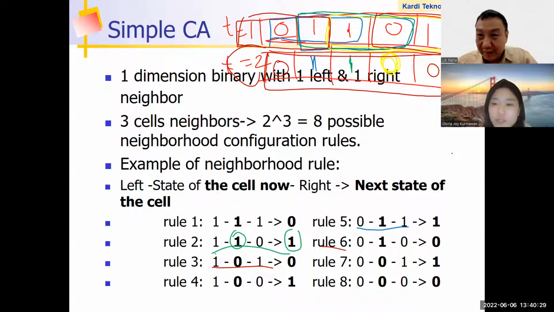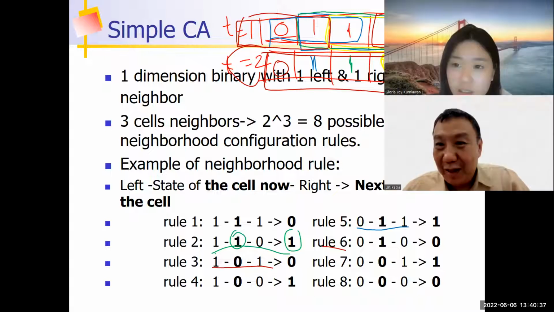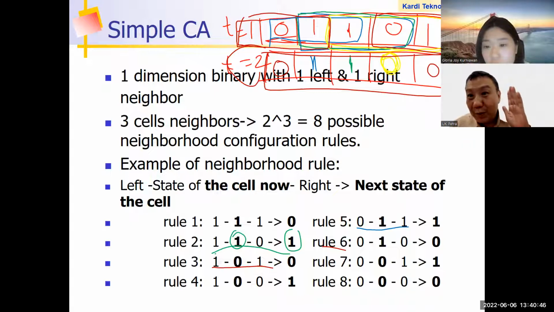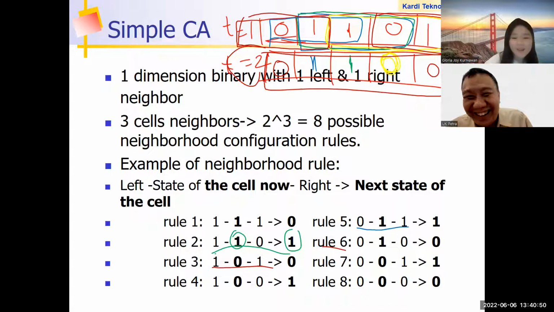So the function of cellular automata is for what, sir? Is it to retrieve information quickly? No. In the beginning, it is pure science, meaning pure curiosity.